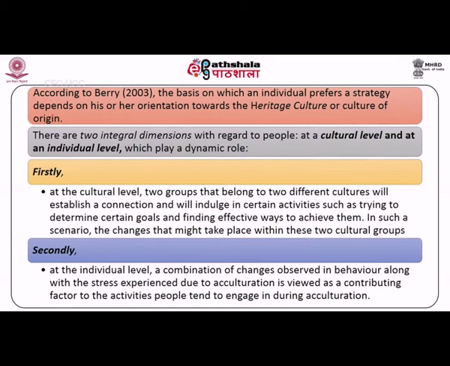Firstly, at the cultural level, two groups that belong to two different cultures will establish a connection and will indulge in certain activities such as trying to determine certain goals and finding effective ways to achieve them. In such a scenario, the changes that might take place within these two cultural groups would be a result of the influences of different acculturation strategies.